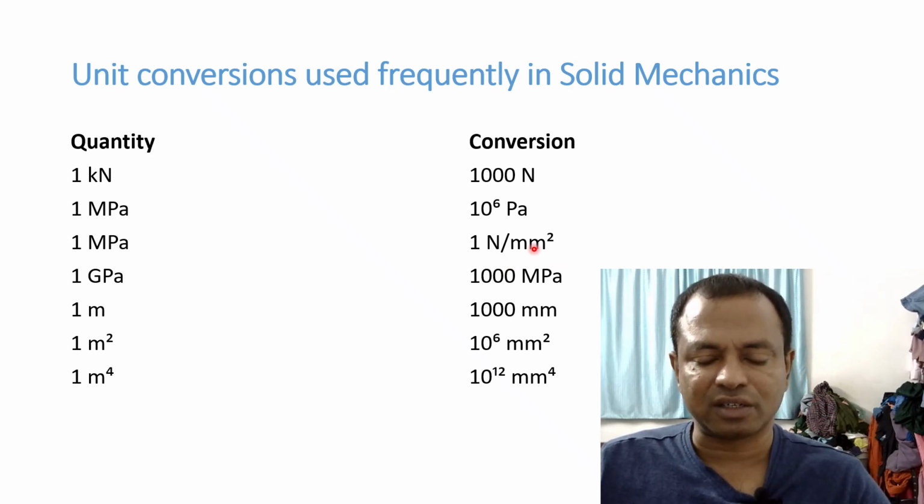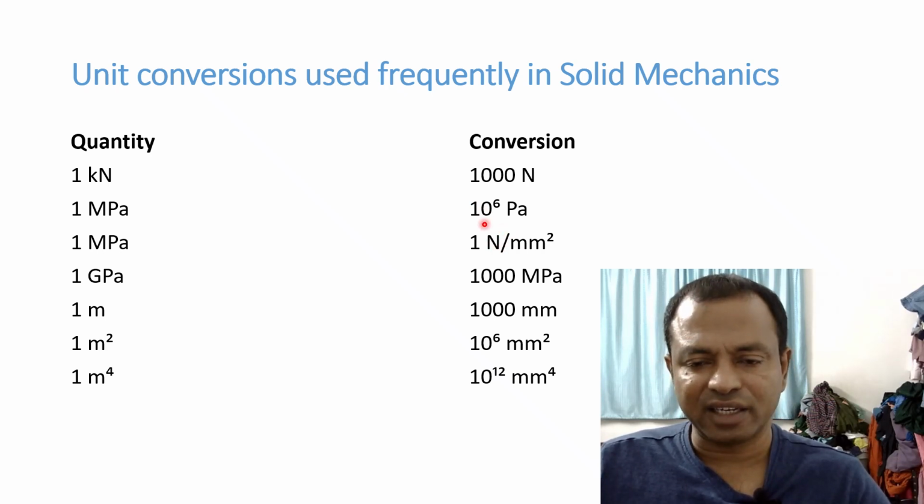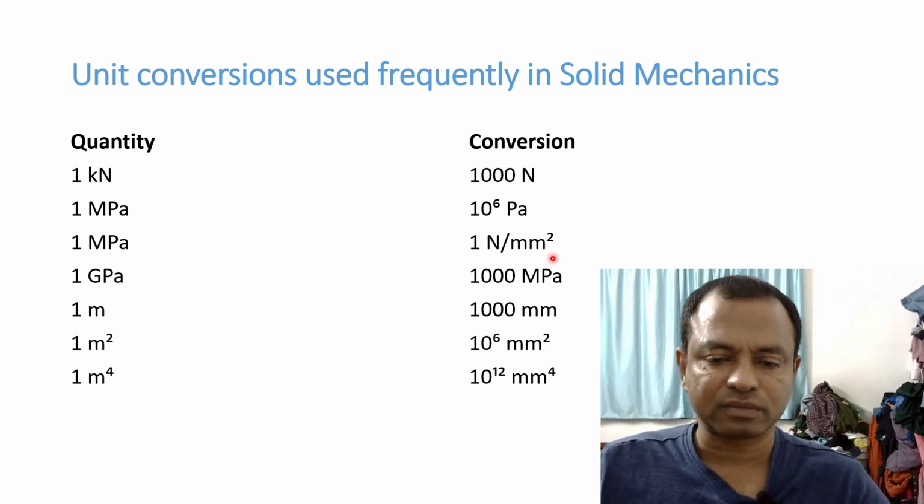So when 10 raised to 3 whole square goes on top of the division line, it will become 10 raised to 6. So 10 raised to 6 Newton per meter square, that is 10 raised to 6 pascal. So 1 megapascal is equal to 1 Newton per millimeter square.